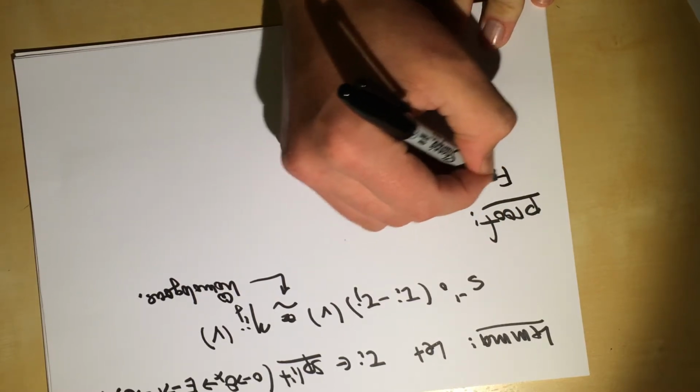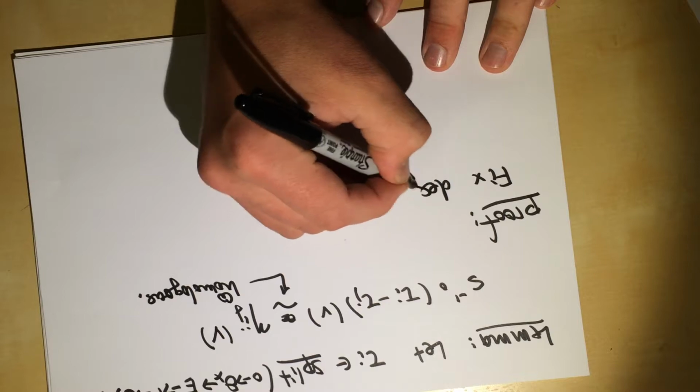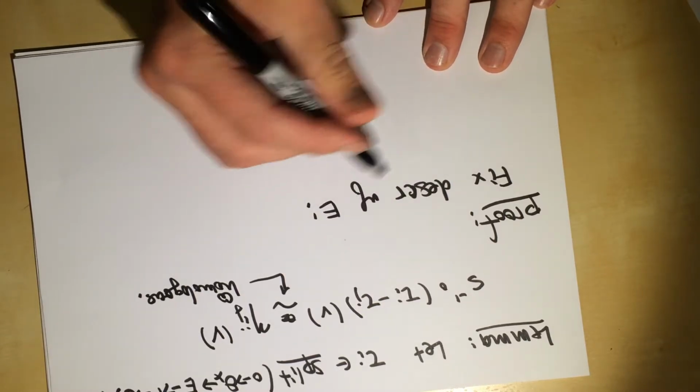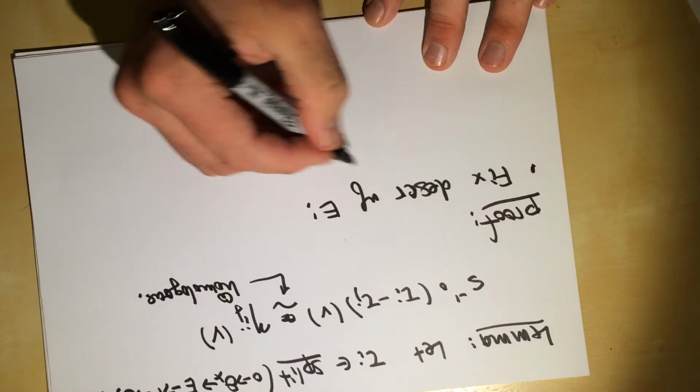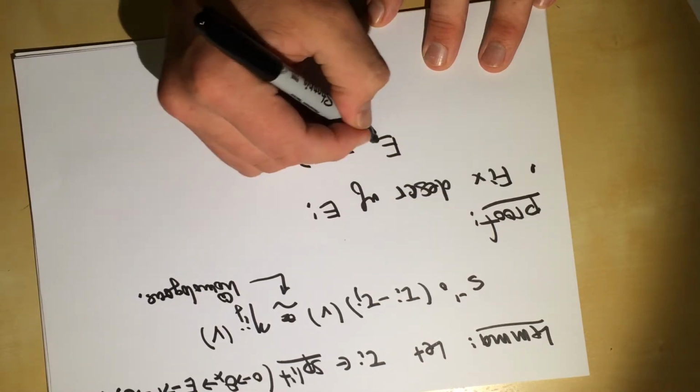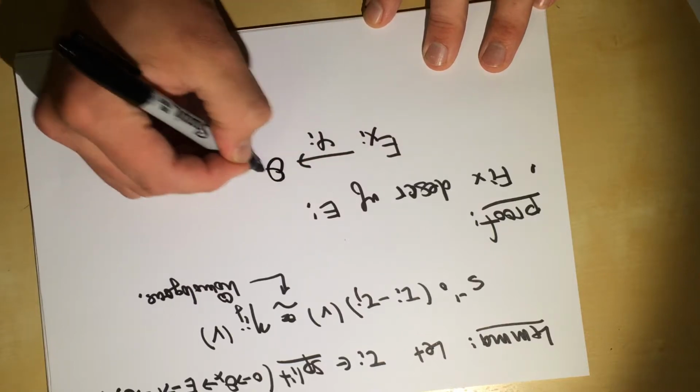So fix a description of E. Okay, so we'll fix this description of E, and here's where we're going to use the trivialization, phi i, as O of Xi.